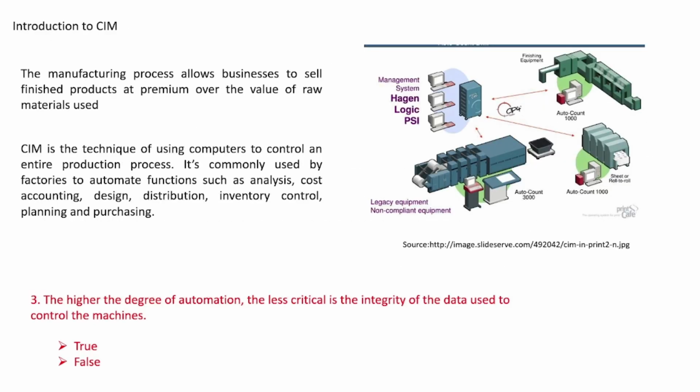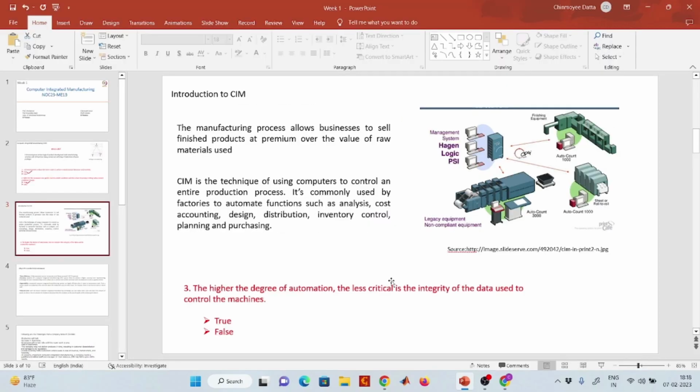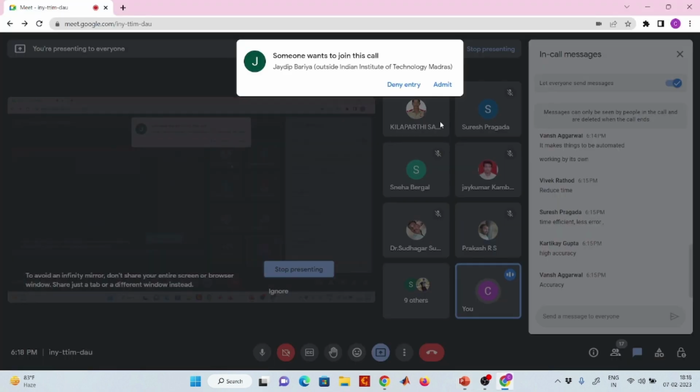Here is one question: the higher the degree of automation, the less critical is the integrity of the data used to control the machine. Is this statement true or false? Please use your chat box and answer.